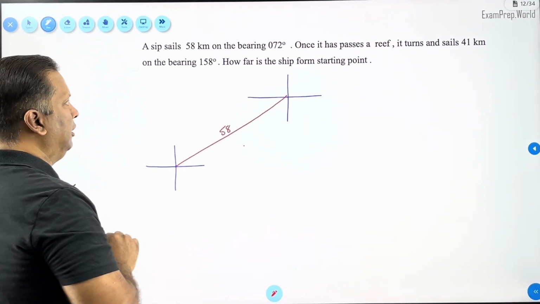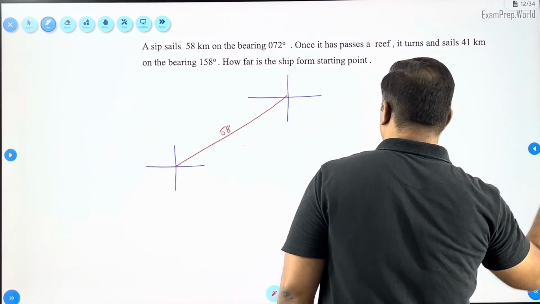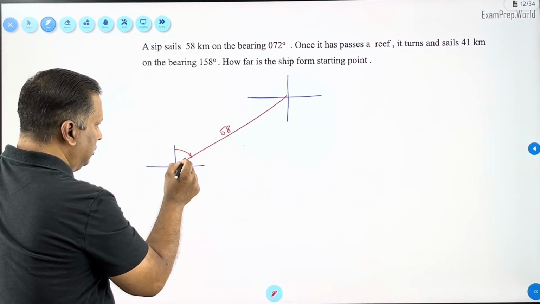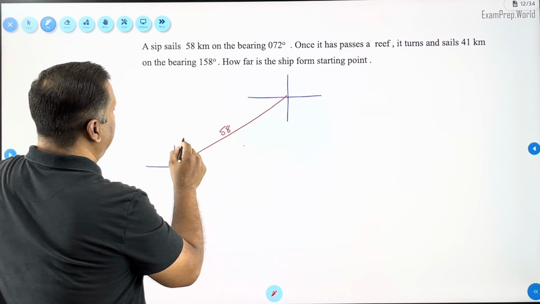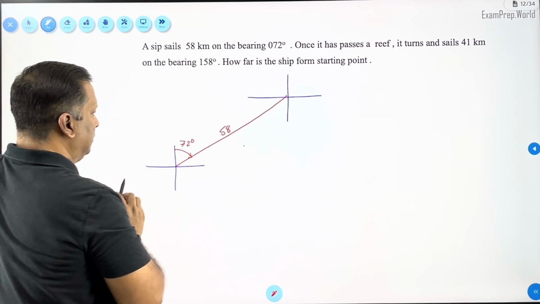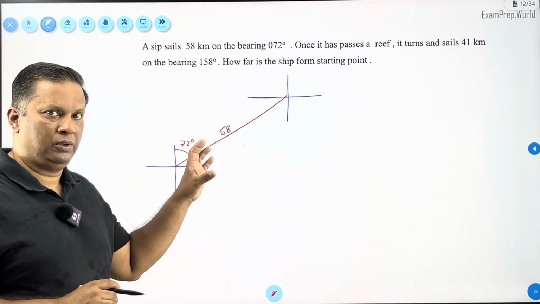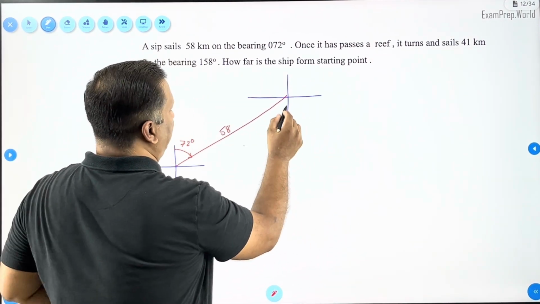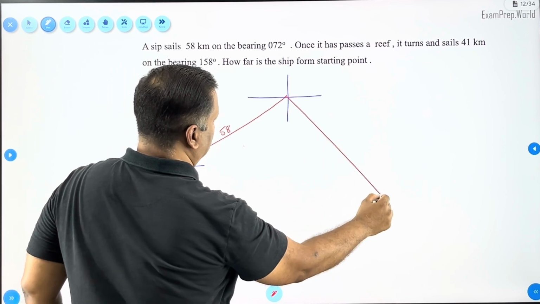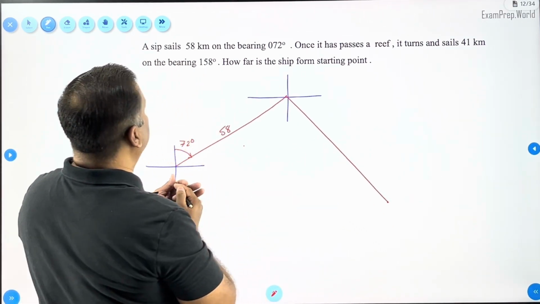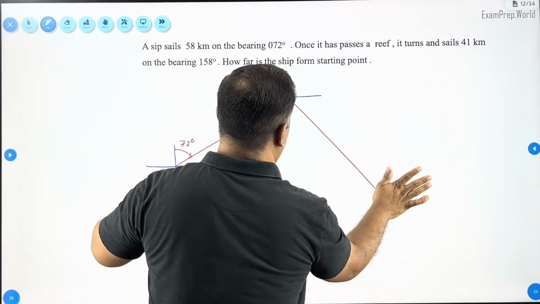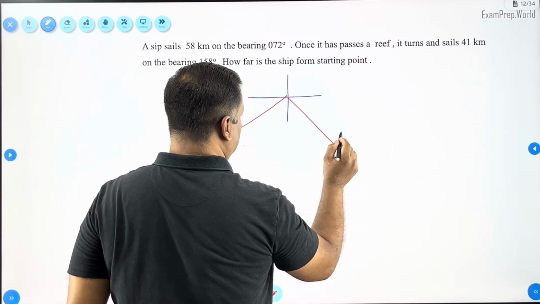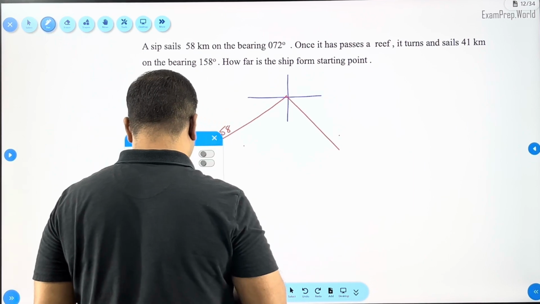And at what bearing has he traveled? The bearing is 72 degrees. See, 72 means it is the first quadrant only. Now from here he turned and traveled at a bearing of 158. And he traveled a little less, 41, so this line is a little smaller.